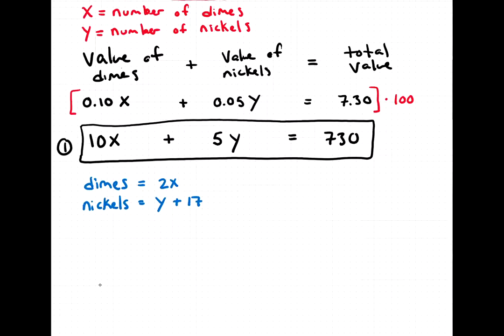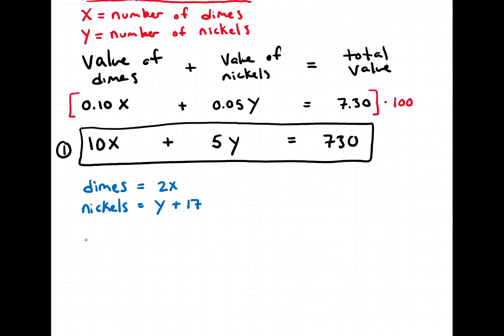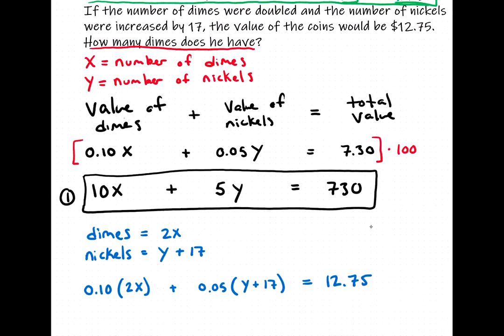Okay, so in the same way we constructed that first equation, the value of all those dimes is 10 cents times the number of dimes, which is 2x, plus the value of the nickels, which is 5 cents, times the number of nickels, which is now y plus 17. Now the new value is $12.75. So we're saying if the number of dimes were doubled and the number of nickels were increased by 17, the value of the coins would be $12.75.